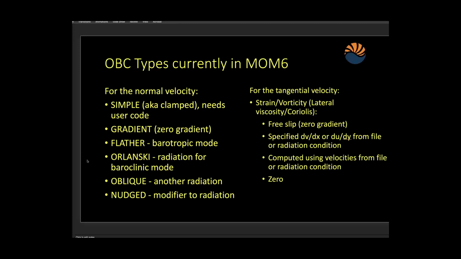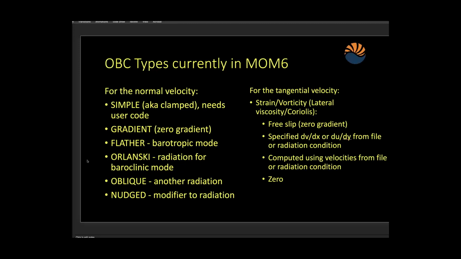You can get a little more sophisticated by saying, for example, you have a zero gradient between your outside information and inside information. We have implemented Flather boundary conditions for the barotropic mode, and I'll show you what that equation looks like in a couple of slides.